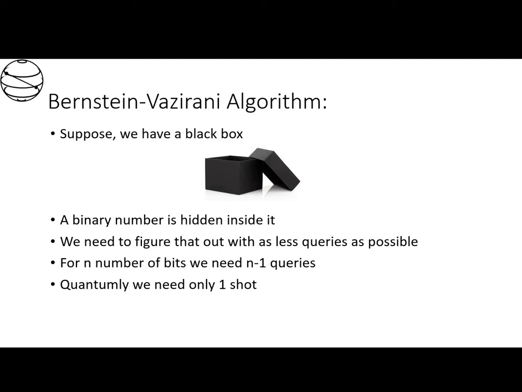Suppose I have a bit string, say 1001, and I put it in the black box. Then I cover it. I start to ask the black box, hey black box, is my number 0000? The black box will say no. Then I will say again, is my number 0001?